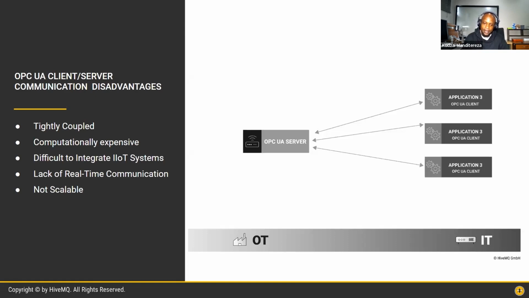So this is whereby an OPC UA server exposes information about an underlying device or machine. And when an OPC UA client needs to read the information, it does so by sending a service request to which the server responds accordingly. Essentially, there is this direct and synchronous communication between an OPC UA client and server.